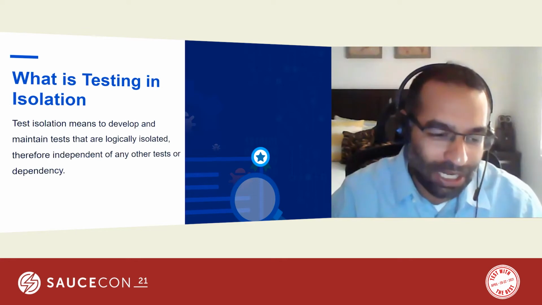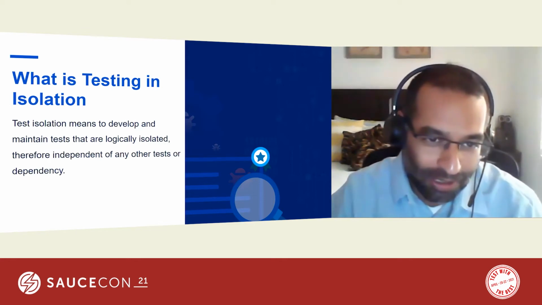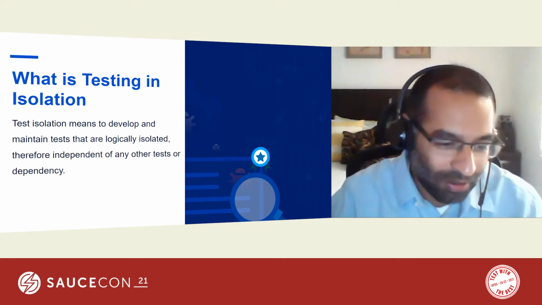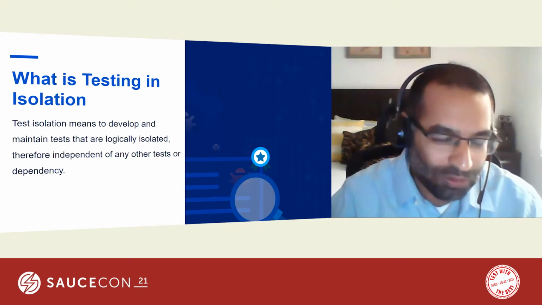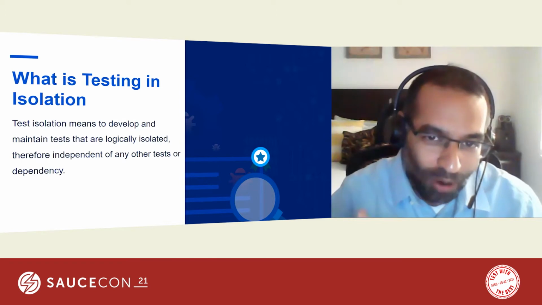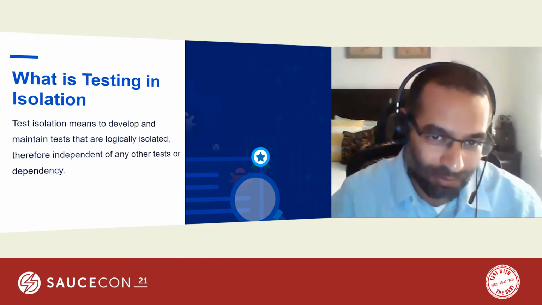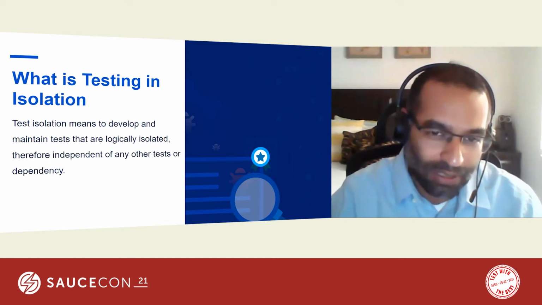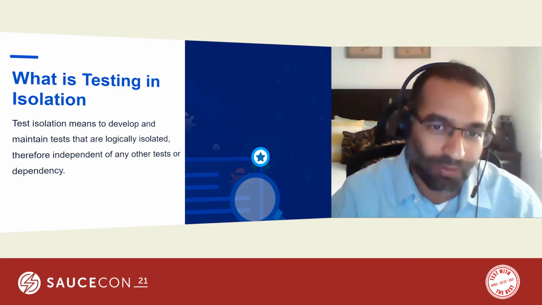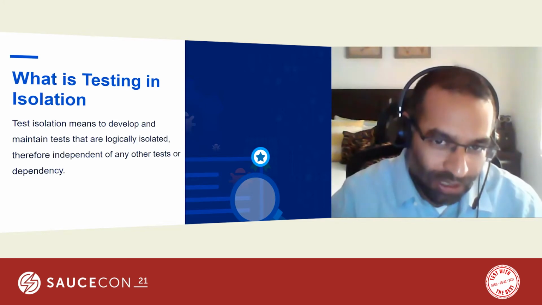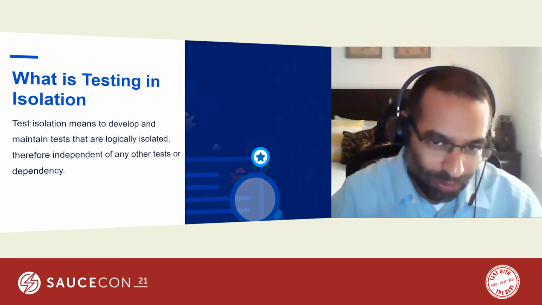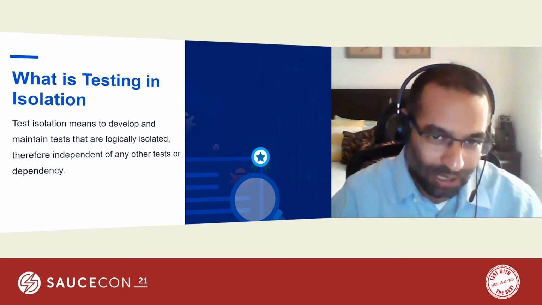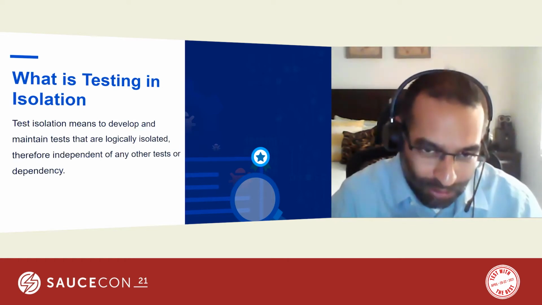If there is a dependency on any services, which could be an API or databases, you want to either mock the service or virtualize it. The goal is to make your test reliable. By removing the dependency on other systems or tests, you make your test reliable, running in its own cocoon.